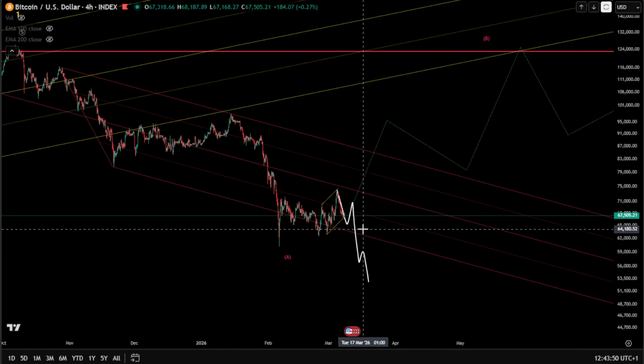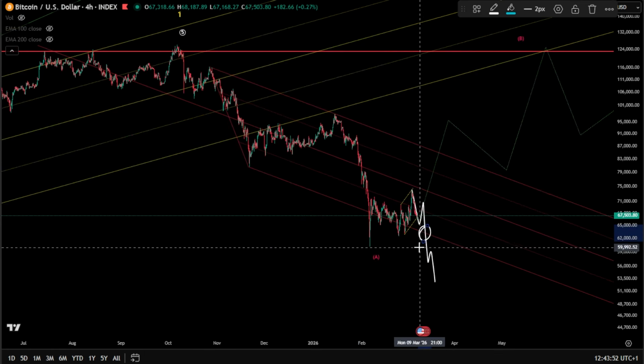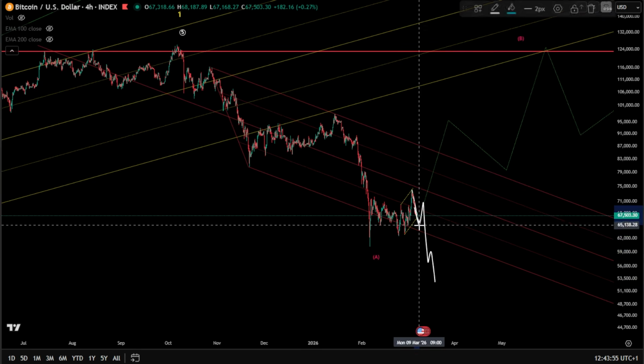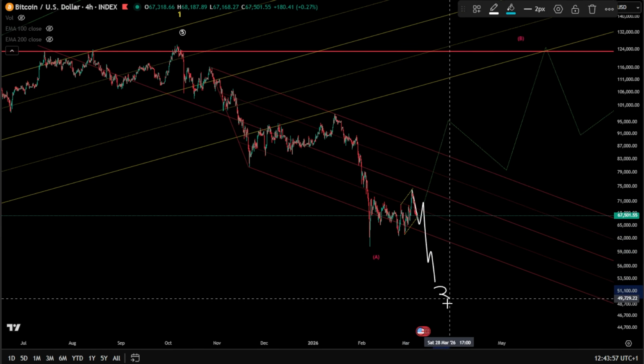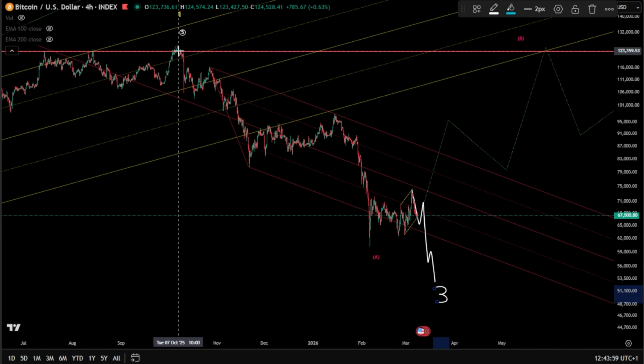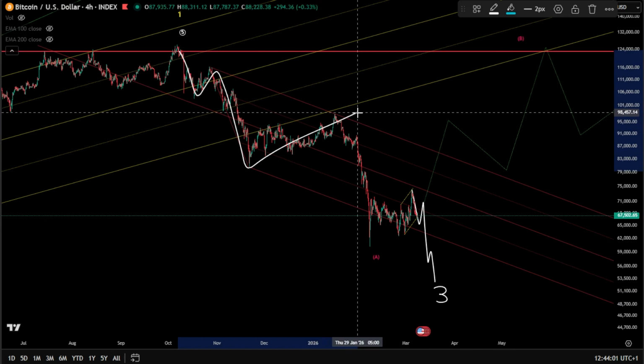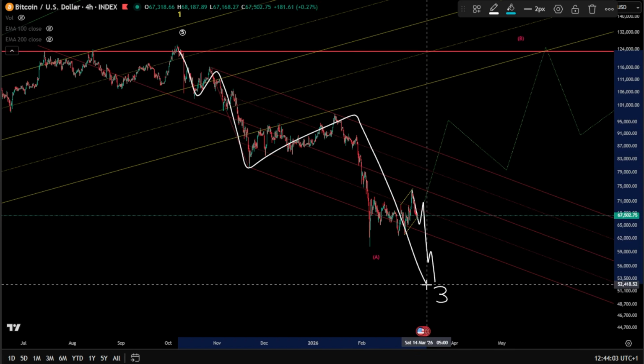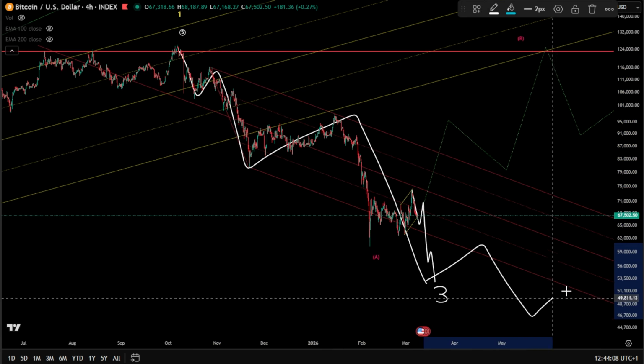We want to see the base channel broken decisively, in an impulse toward the downside, to claim a wave 3 over there, meaning it can also be a potential 1, 2, 1, 2, wave 3 finished, because 1, 2, 3, 4, 5, and then having 4 and a 5.